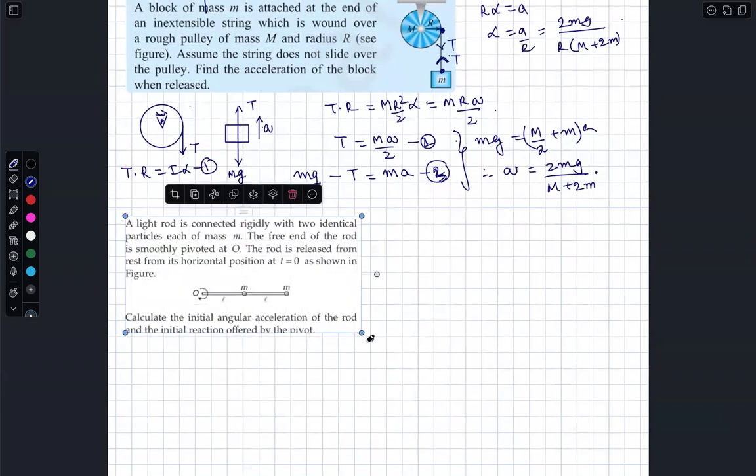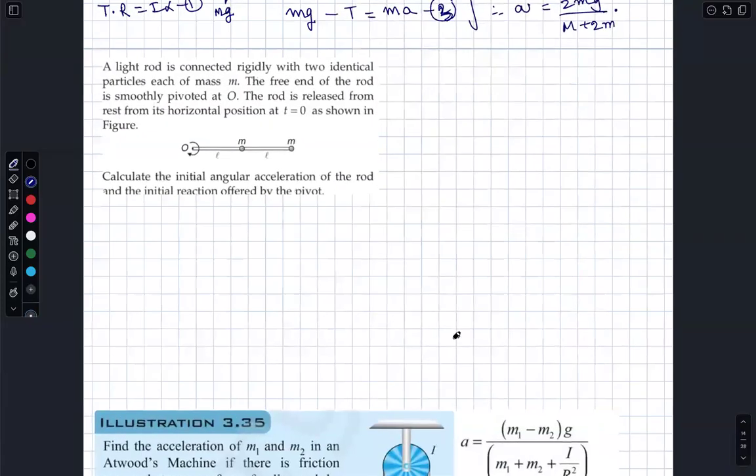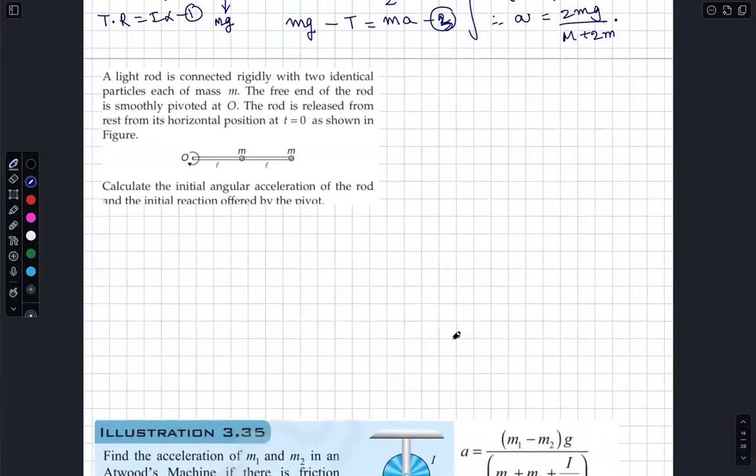This is the question which I am about to discuss right now. A light rod is connected rigidly with two identical particles of mass m. The free end of the rod is smoothly pivoted at O. Rod is released from rest from this position. Calculate the initial angular acceleration. Okay, I'll find. No issues.